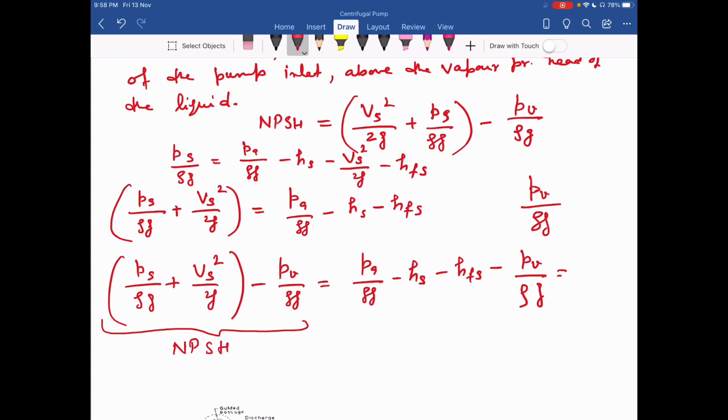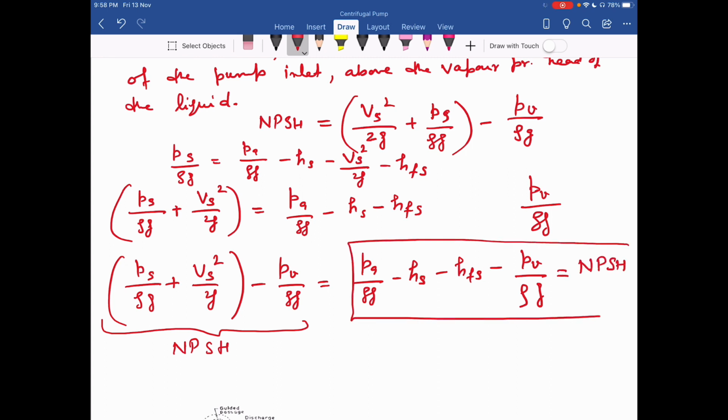So this should be equal to NPSH. This is another formula for net positive suction head.